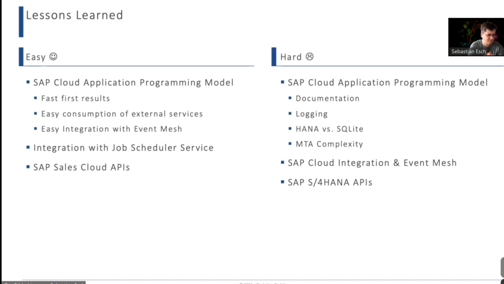It's pretty easy to consume external services if you don't step into any pitfalls. But for Sales Cloud and S4, we experienced no problems. The integration with Event Mesh was pretty easy, at least on the CAP side.